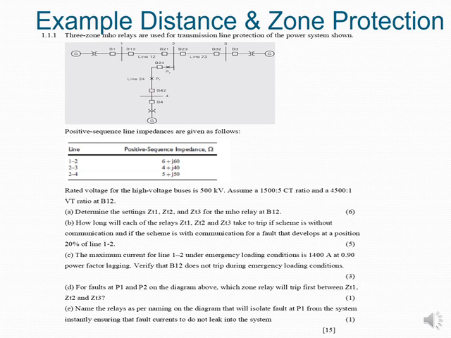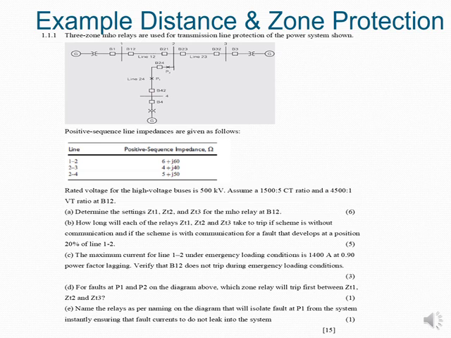Then your third question is saying that if we have a maximum current on line 1, 2 under emergency loading conditions, that is 1400 amps. Now, we all know that in electrical systems, we have emergency situations whereby you end up loading your system more than you would because you've either lost one of your generating lines or something else has happened in your system.